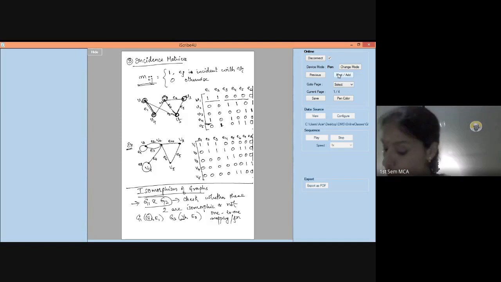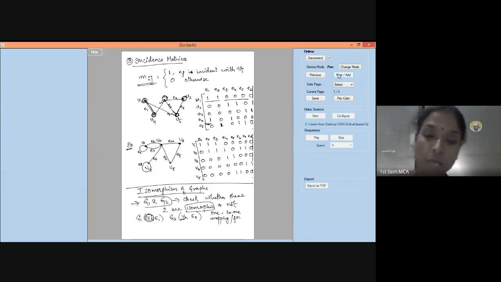That means every vertex of G1 should be mapped onto a particular vertex of G2. Every edge of G1 should be mapped to some particular edge of G2. If you are able to do that, then these two graphs are said to be isomorphic.